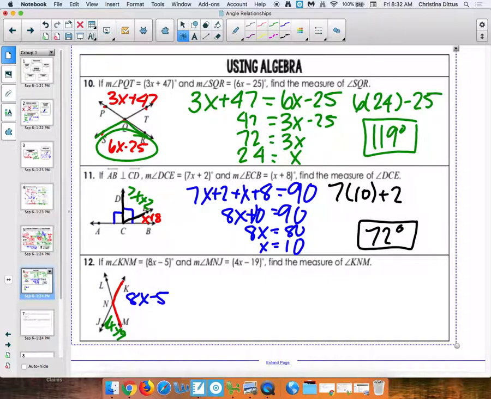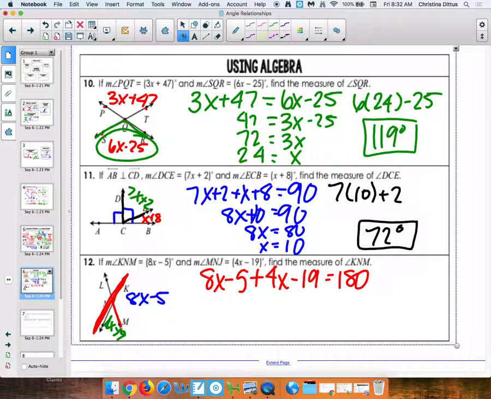What do I know about my blue and green angles? They add to 180. This right here is a line. So 8x minus 5 plus 4x minus 19 have to equal 180 because they are a linear pair.